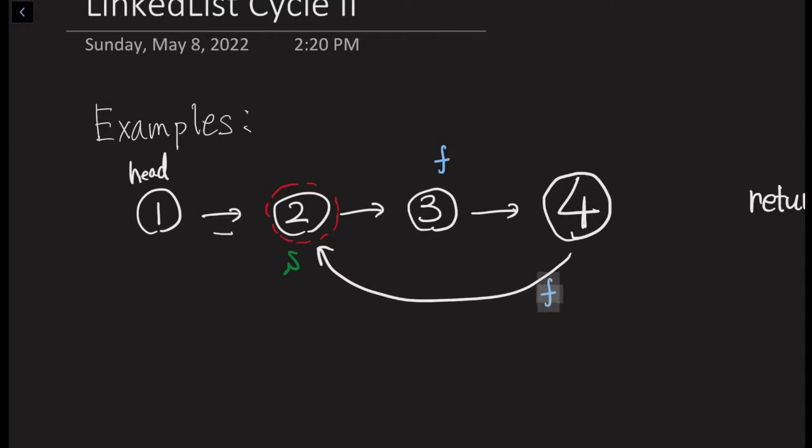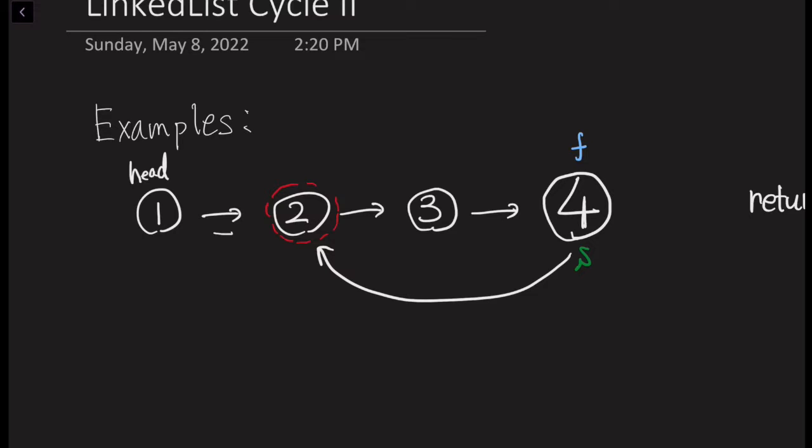We will do that until they eventually meet. So we can say that if they meet, there's a cycle, and that's the first step.